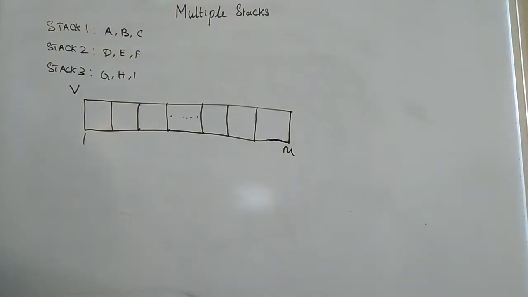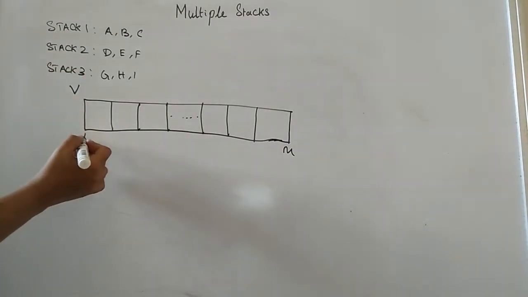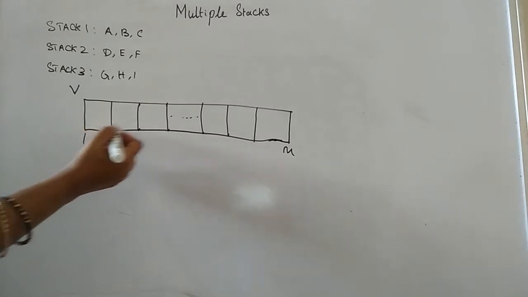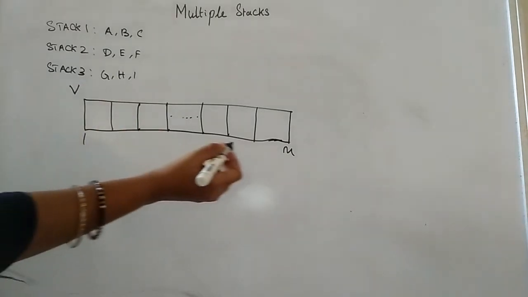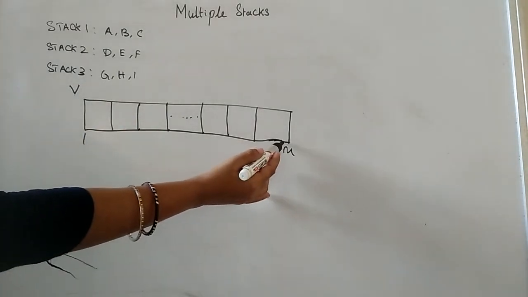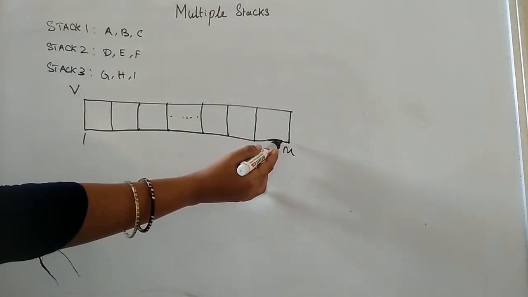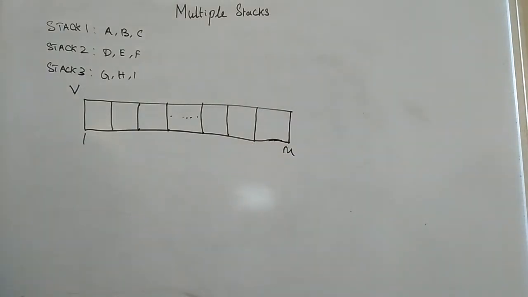What I am going to do here is, if I am having only two stacks, I can let one stack start from the lower bound and grow towards the upper bound, and I may make another stack start from the upper bound and let it grow towards the lower bound.